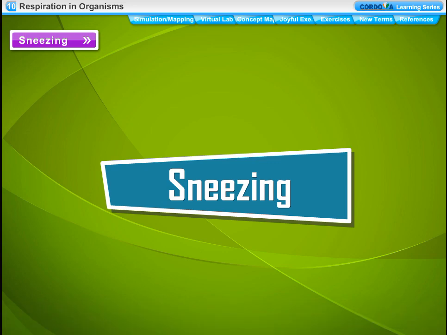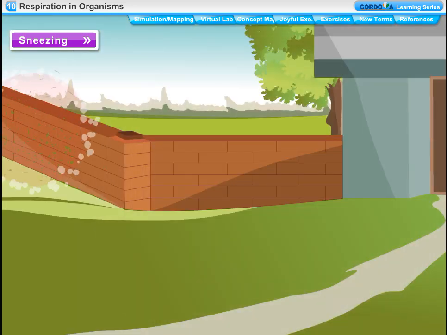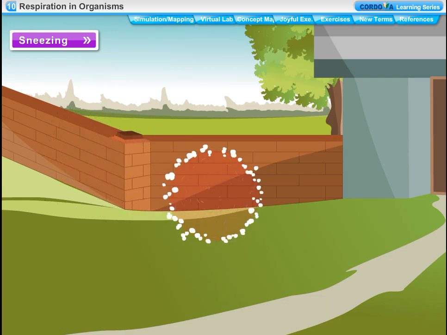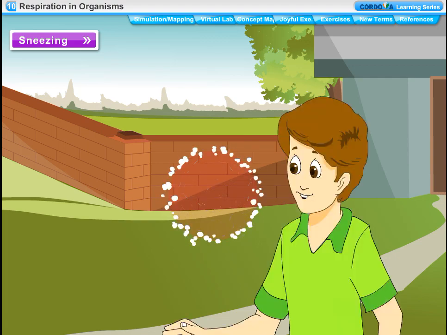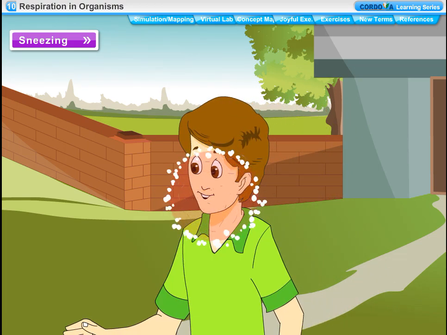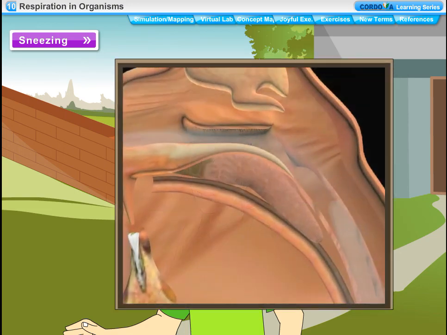Sneezing: the air around us sometimes contains various types of unwanted particles such as smoke, dust, pollen, etc. When we inhale air, the unwanted particles present in the air usually get trapped in the hair in the nasal cavity.